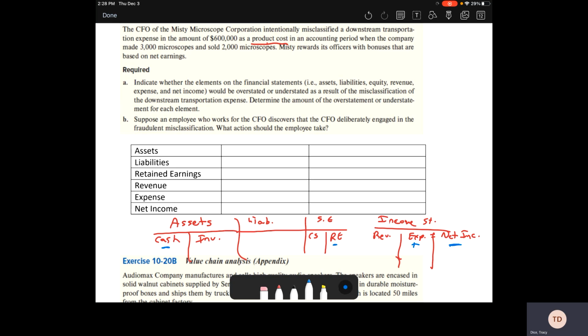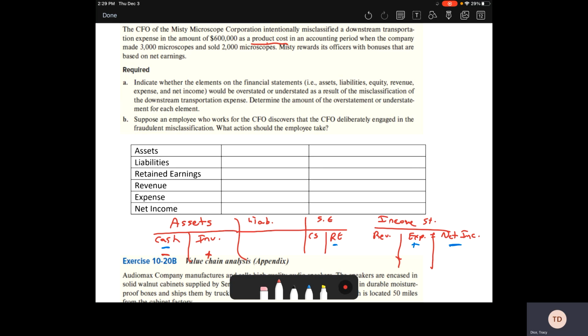However, what's happening is we put that in our inventory. So we're going to see our cash still go down, but our inventory is going to go up because it went in as a product cost, which then does nothing over here.